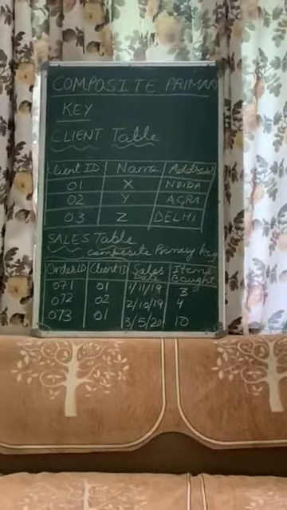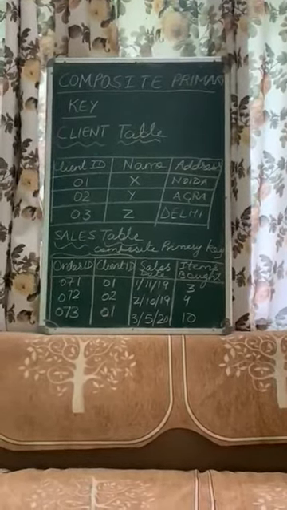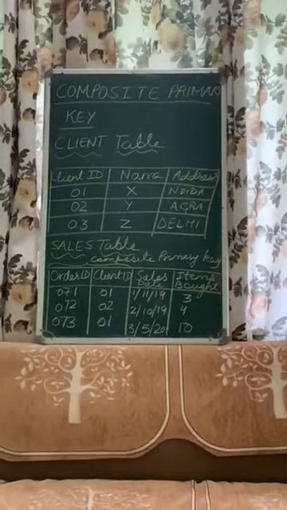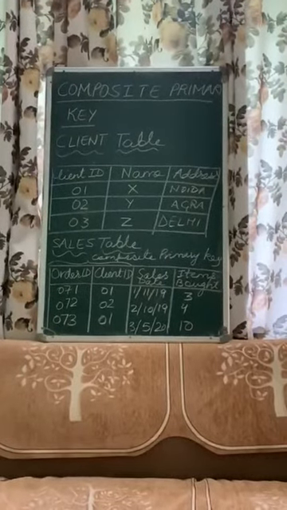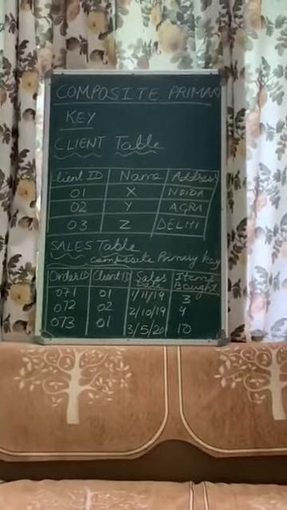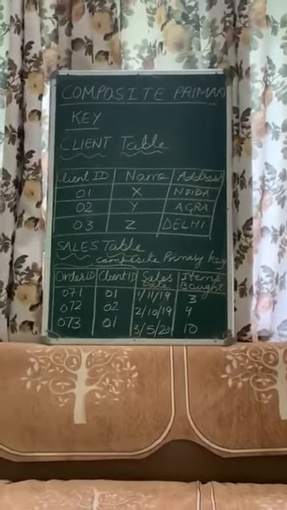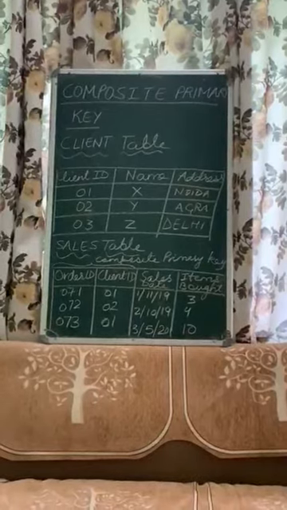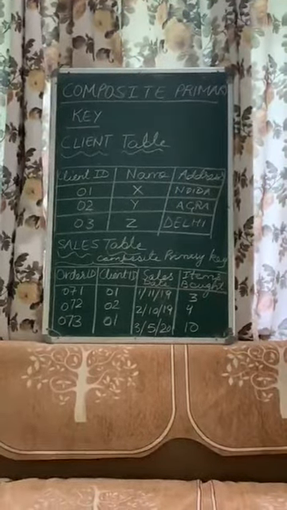So this is the concept of your primary key and foreign key. And composite primary key is formed when two or more attributes or columns form a primary key. So children, you have to make the notes of this topic on your own from the video.